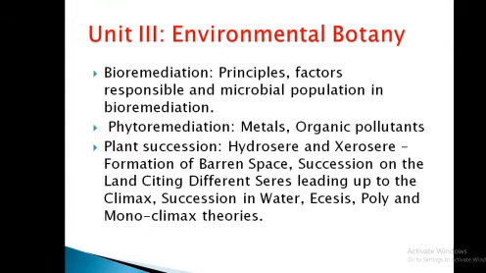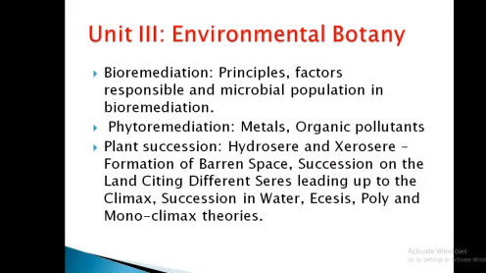Next, unit 3, environmental botany. In this, the definition of bioremediation, principles of bioremediation, factors responsible for bioremediation, and how the microbial population helps in the bioremediation process. Next, phytoremediation.